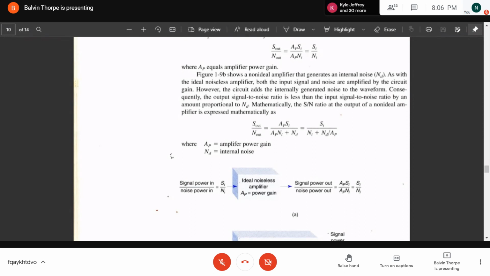Now, one of the things that we also need to be cognizant of is the noise power is going to be amplified by the amplification factor of the communication system. So if we put amplifiers in the communication system trying to amplify the signal, that same amplification factor is going to amplify the noise power by the same margin, by the same factor.